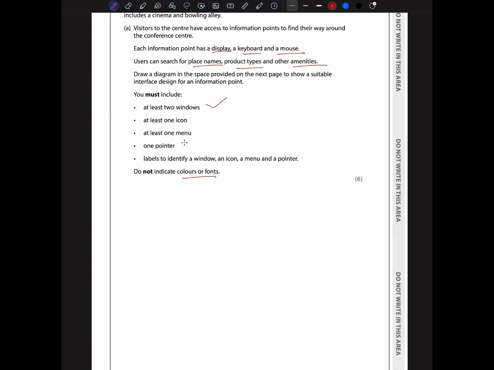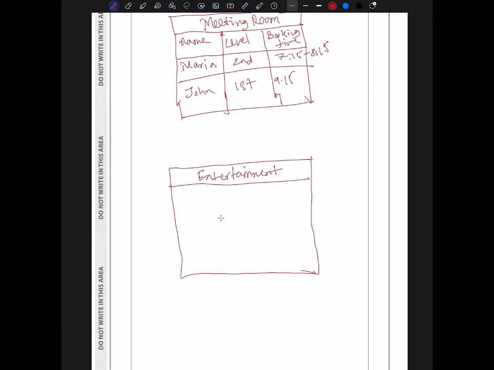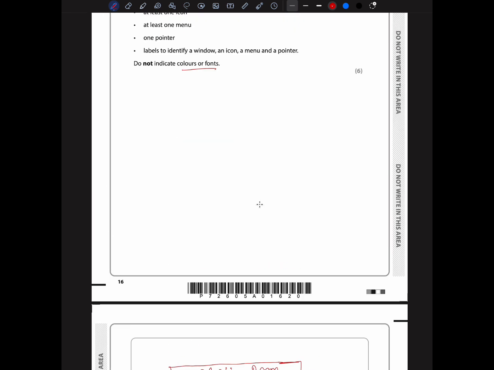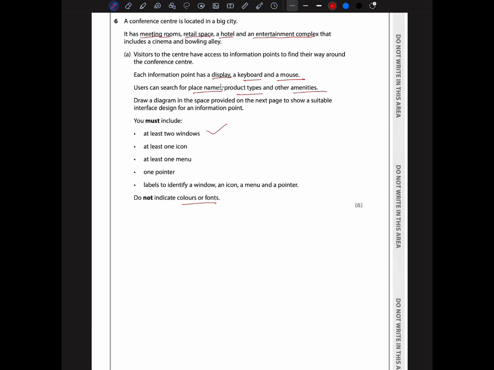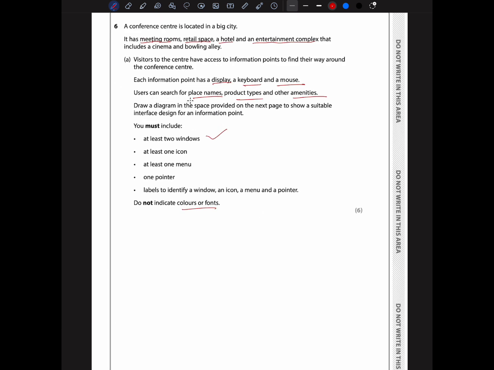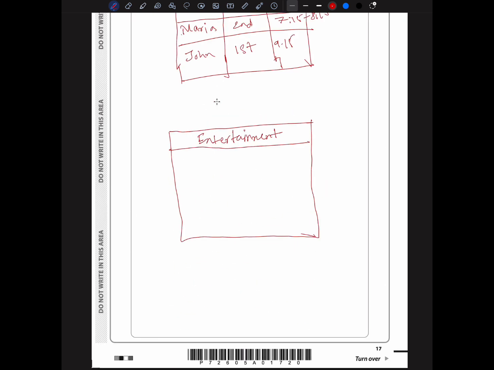At least 1 menu, so maybe we can add a menu here so that people can choose. They also say at least one icon. They also mention that users can search for places, so we can add the search icon here. It looks similar to this.